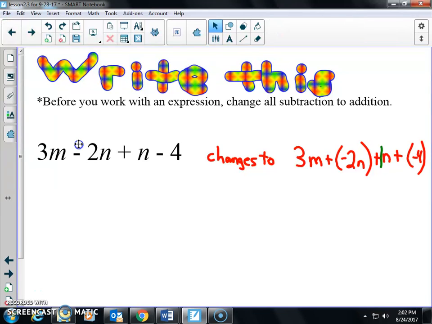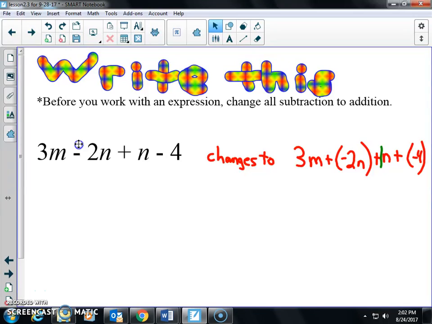So the coefficient on n there is a 1. Okay? And some kids say, well, why do we have to do that? Well, as we move on and we solve with our expressions, which we'll be doing in the next couple days, we need to be able to rearrange the terms in the expression. We're not going to worry about that today, but that is why we have to change subtraction into addition. So we will be able to rearrange things.